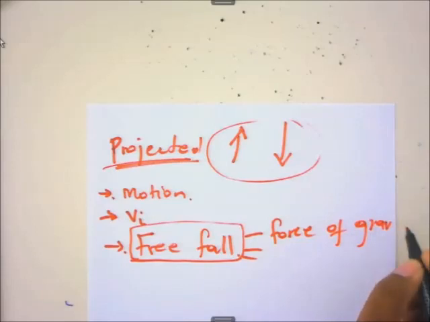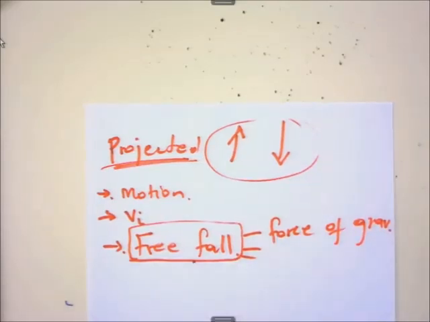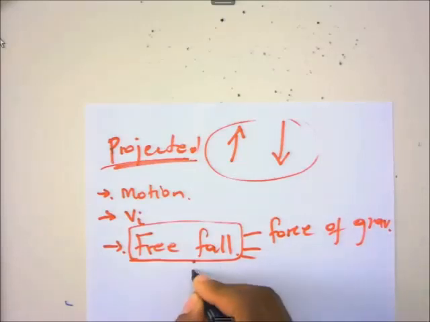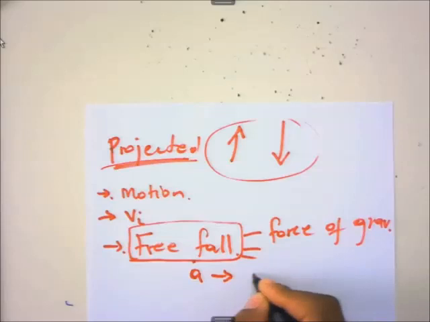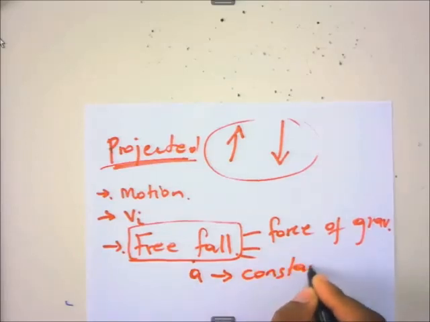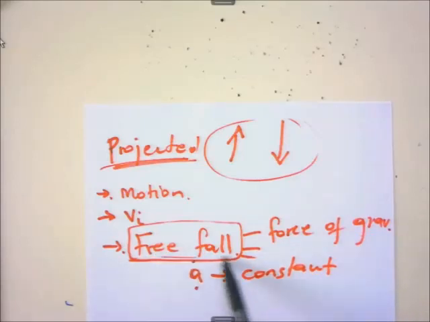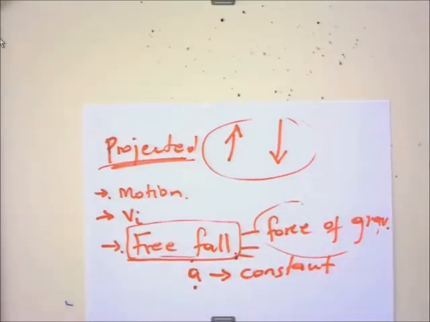So the force of gravity is the only force that will be acting on this object, and this force of gravity will make the acceleration constant. So the acceleration will only be constant if the object is in a free fall state and only the force of gravity is doing the work.